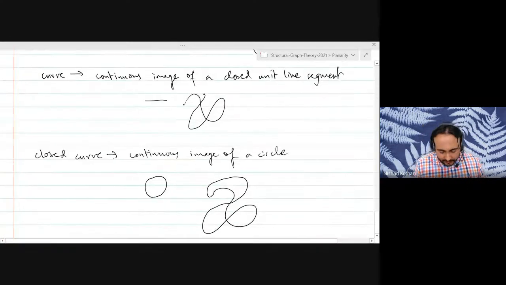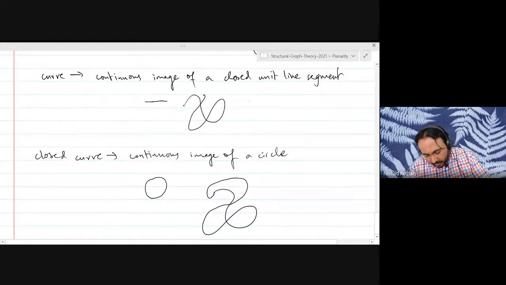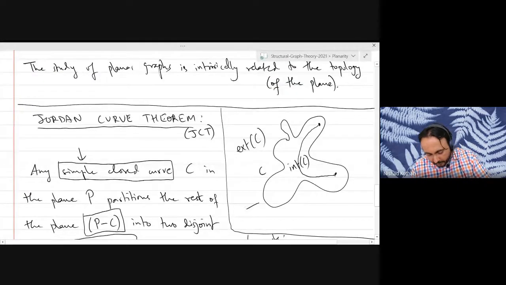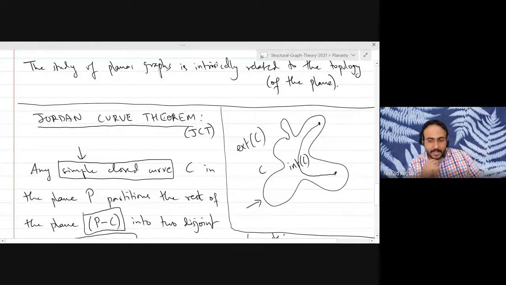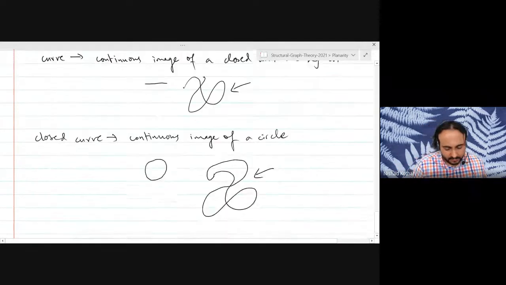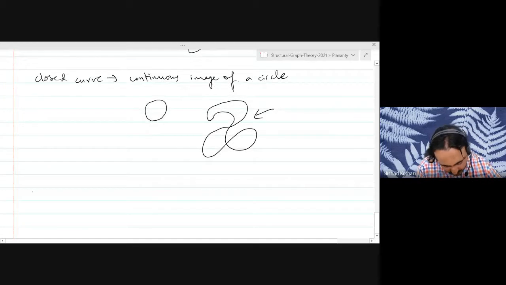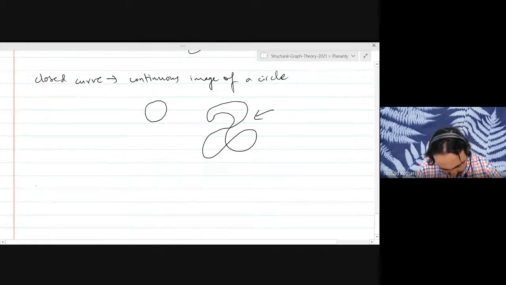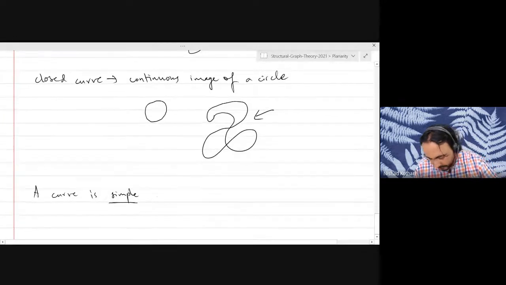Notice that there is a difference between these curves that I've drawn and this curve that I drew for the example. And that difference is that when you talk about the continuous image, it's a one-to-one mapping. It does not intersect itself. And that is called a simple curve. So a curve is simple if it does not intersect itself.